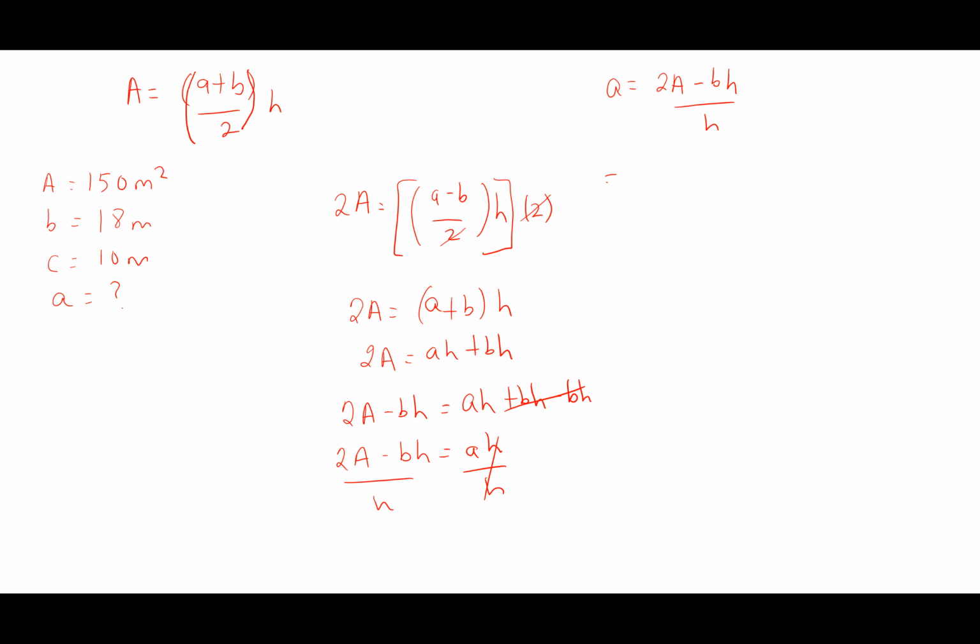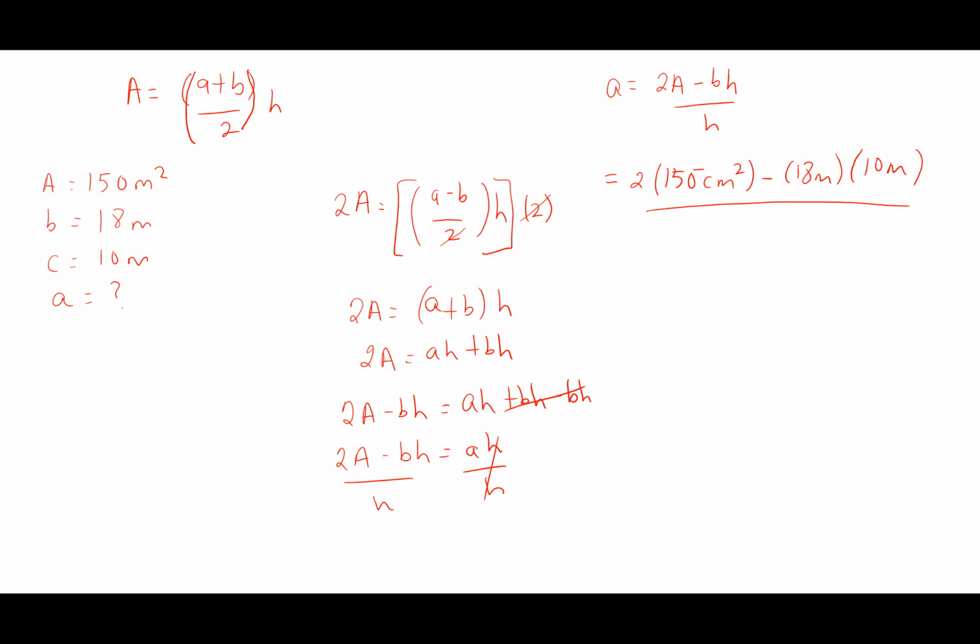So let's put in what we have. So it'll be 2 times 150 meters squared minus b, which is 18 meters, times h, which is 10 meters, and all that will be divided by h.